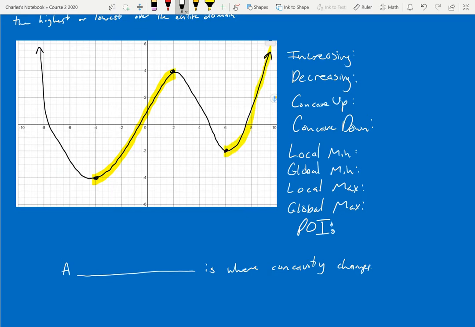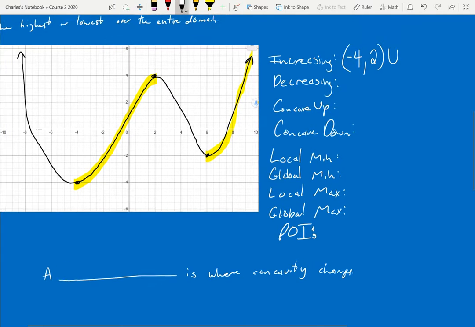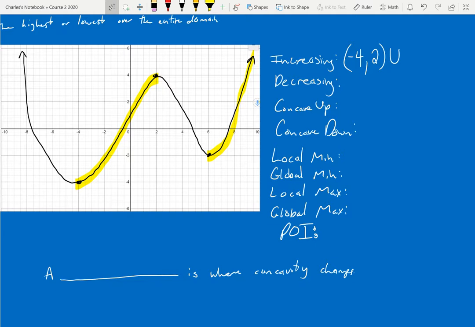So if I want to write those in some succinct kind of way, I would say, this is interval notation, it's going from -4 to 2, and I'm going to put parentheses because at the points of minimum or maximum, it's not really increasing or decreasing. Put a little U, that means union, that means and. Also, 6 to infinity.